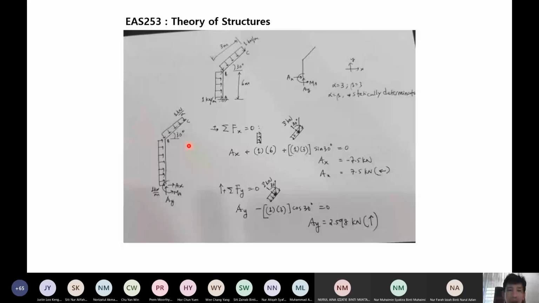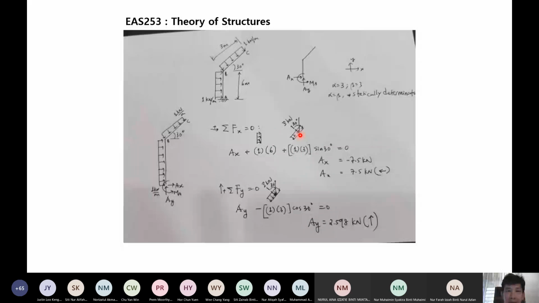It has component in X directions. So I show you here, this is the member BC, and this is the load equivalent to the UDL, which is 1 multiplied with the inclined length here, which is 3. So we get 3 kilonewton here. And it is acting perpendicular 90 degrees to this member.